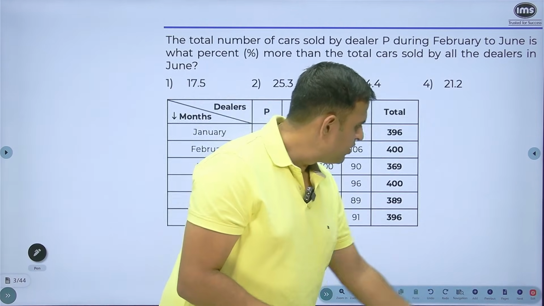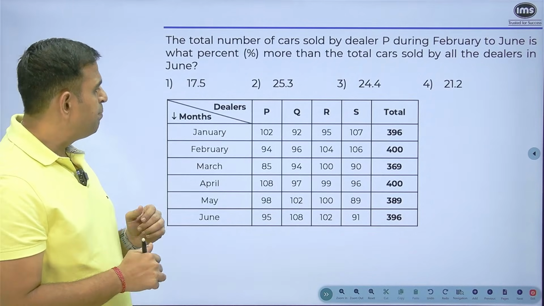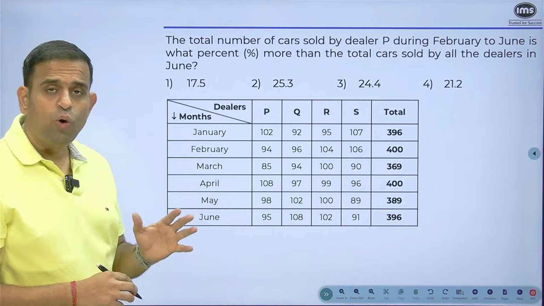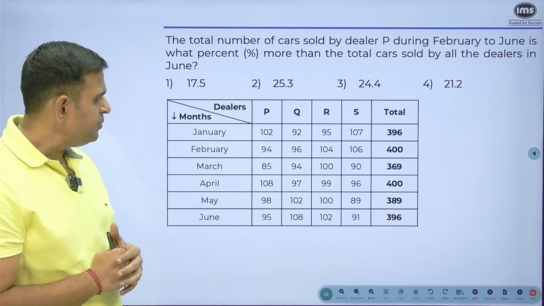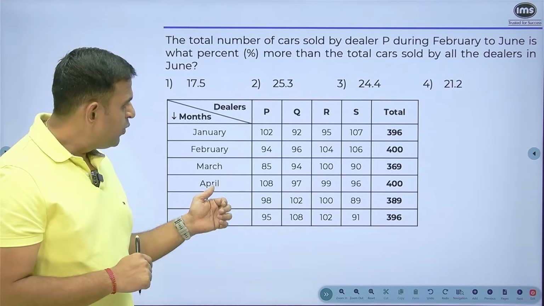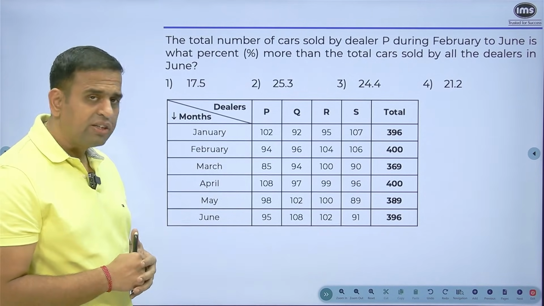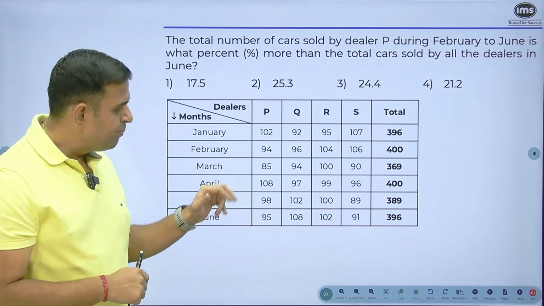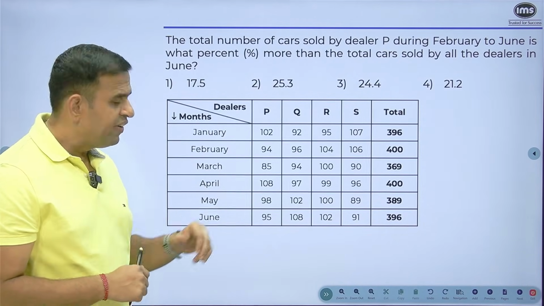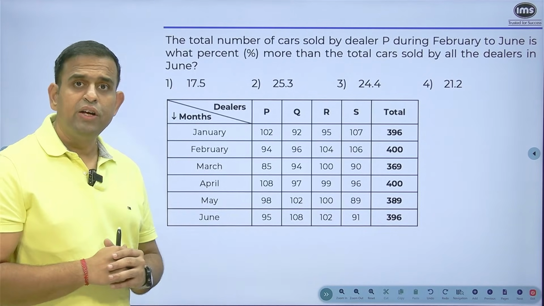For the first question, for dealer P, I'm going to focus on Feb, March, April, May and June, all the 5 months except January. Let's add these numbers. 90 plus 80 will give you 170. 170 plus 100 will give you 270. 270 plus 90 will give you 360. 360 plus 90 will give you 450.